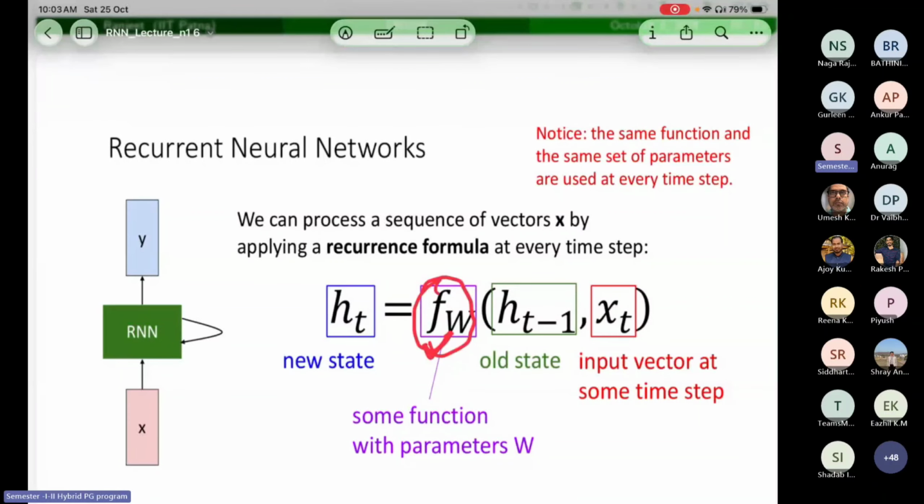The only things which are going to change are ht minus 1 and xt. The previous state would change for generating every other state, and the current input would also change. So these two things will be taken here, and then it will give you the new state.